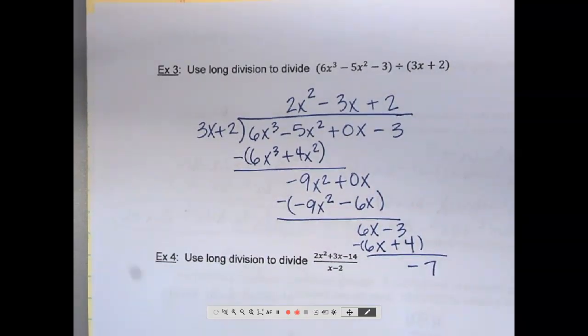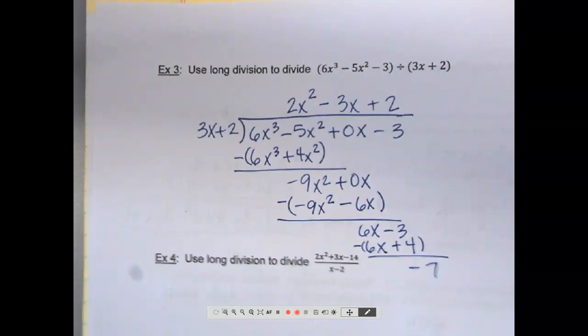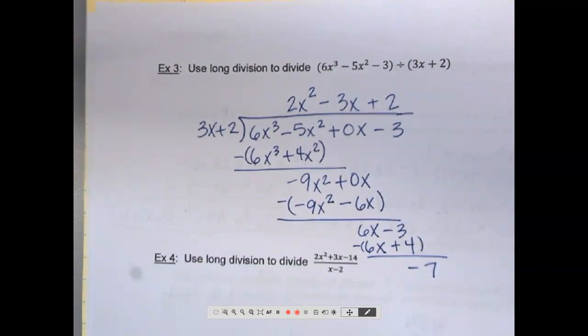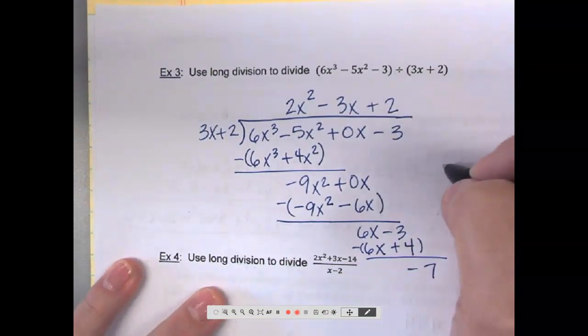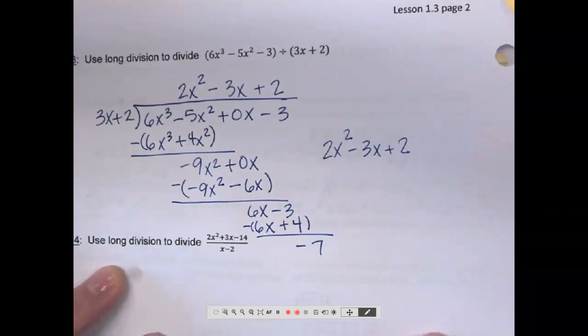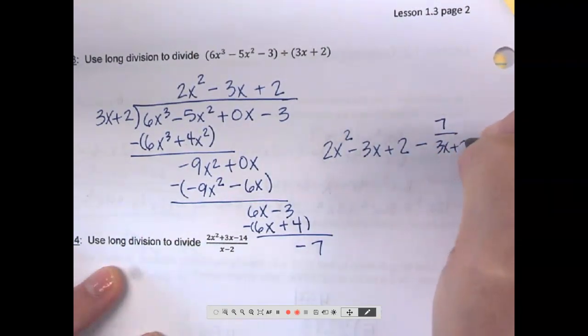Sorry, I'm out of it right now. We always make so many more mistakes when we subtract rather than add, don't we? Or I do. Okay, so my answer would be 2x squared minus 3x plus 2 minus 7 over 3x plus 2.